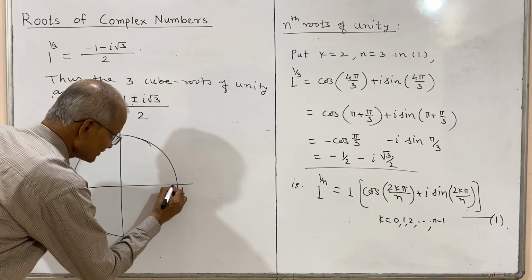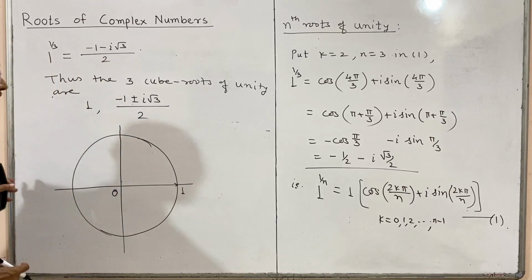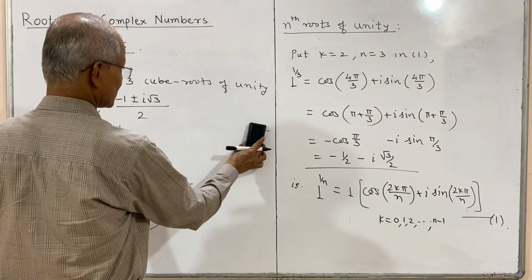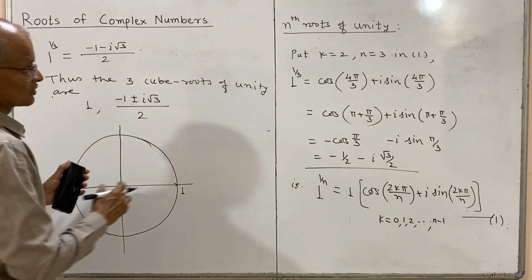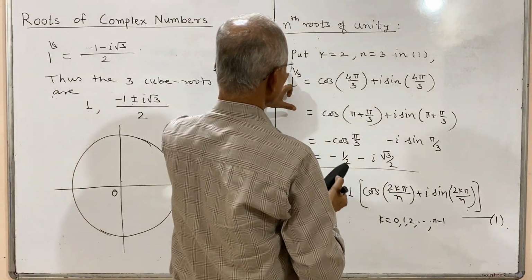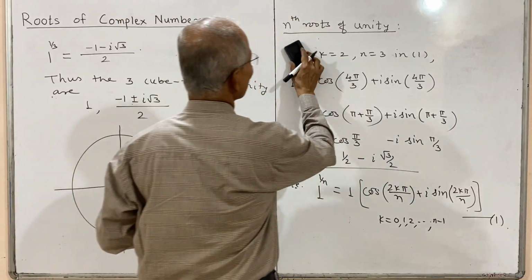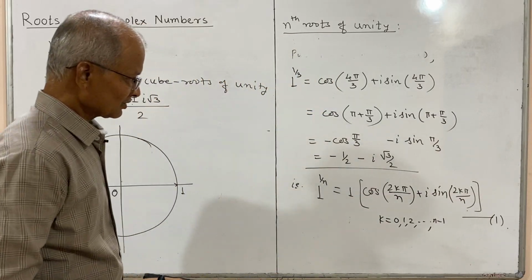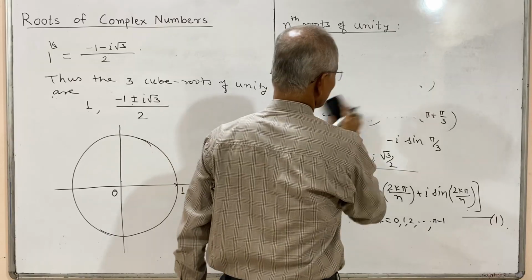So this radius is 1, and the other roots will be at a distance. See here, 1 raised to 1/3 is cos 4 pi by 3, or see the first formula we have written, here n is 3.